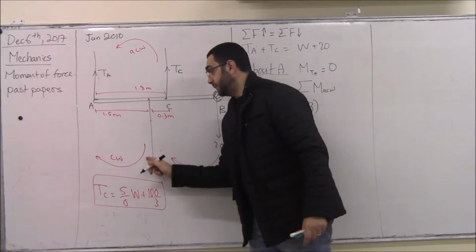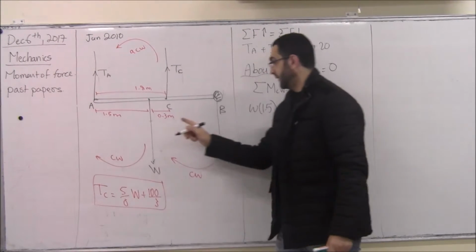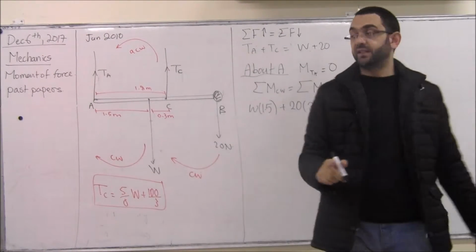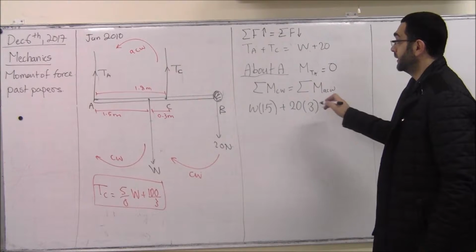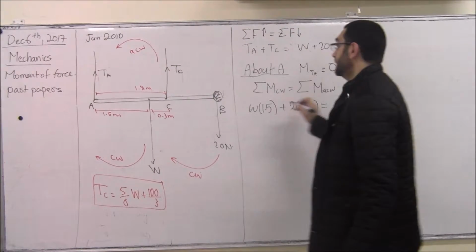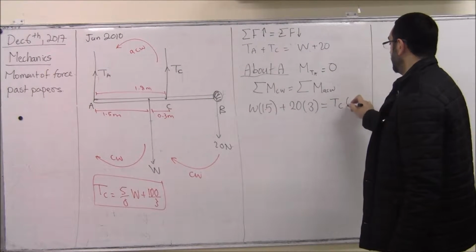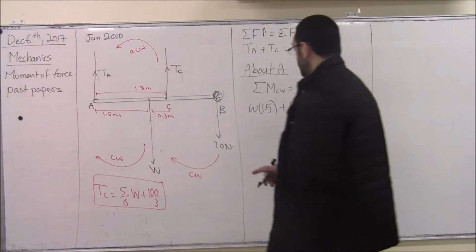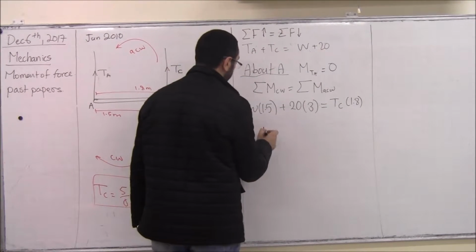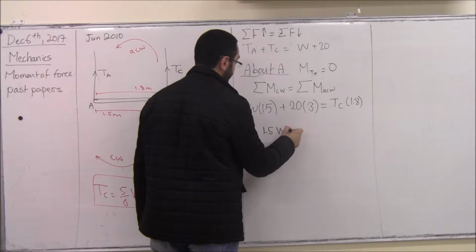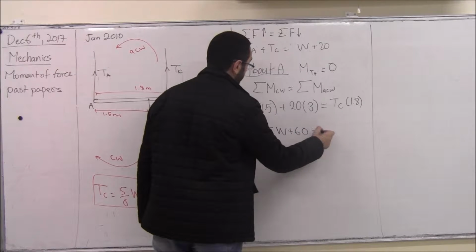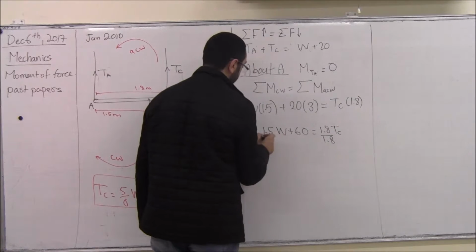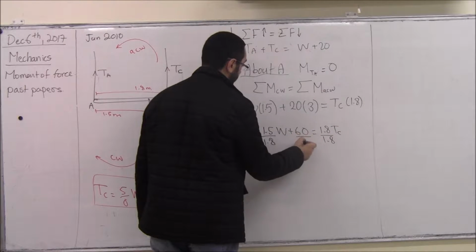From W to A is 1.5, from B to A is 3, the overall distance. This equals TC times 1.8. Let's arrange this equation. So 1.5 W plus 60 equals 1.8 TC, divided by 1.8.